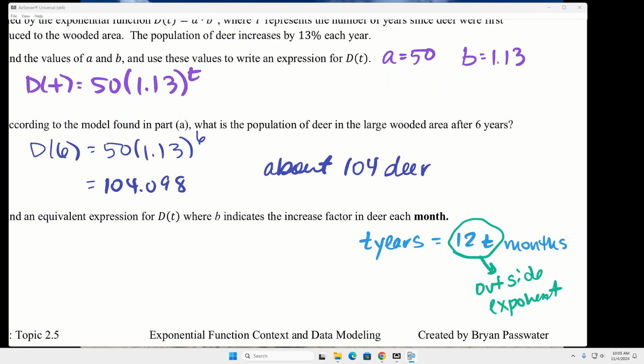And so changing this to months, is that going to change your initial value? No. So it's still going to be d of t equals 50. But instead of raising it to the t, we're actually raising it to the 12t.